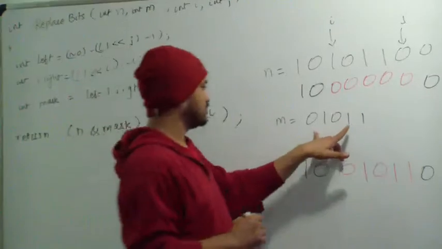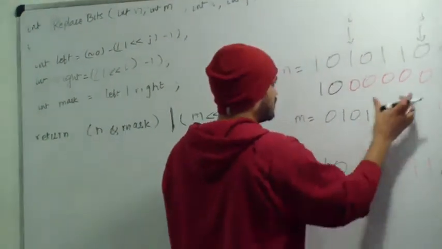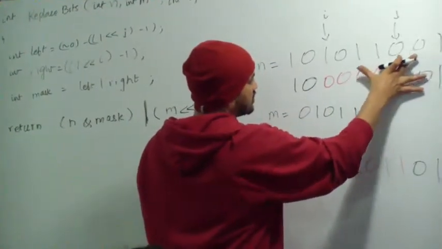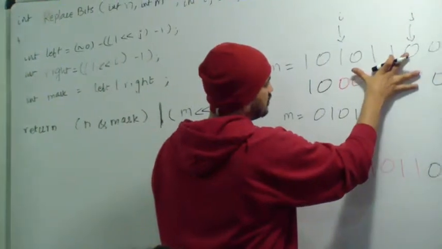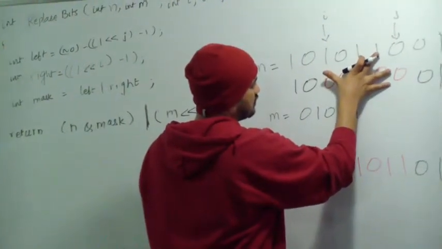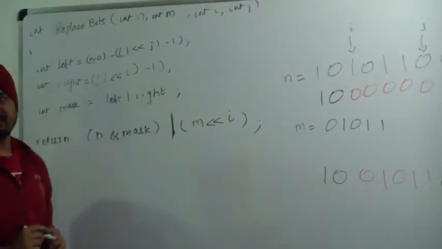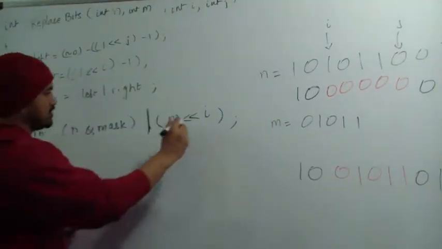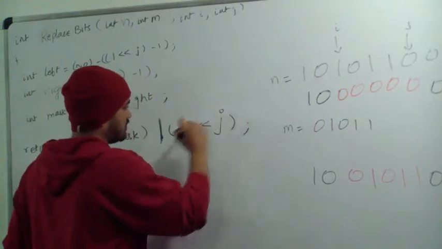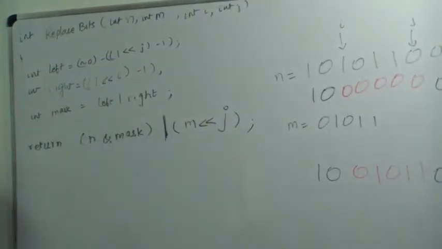This is your value. It comes here, 1, 2, 3. That's it.